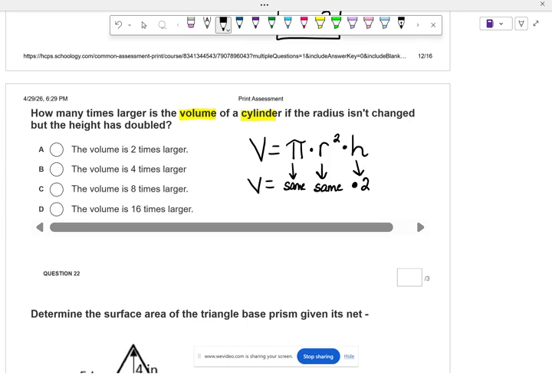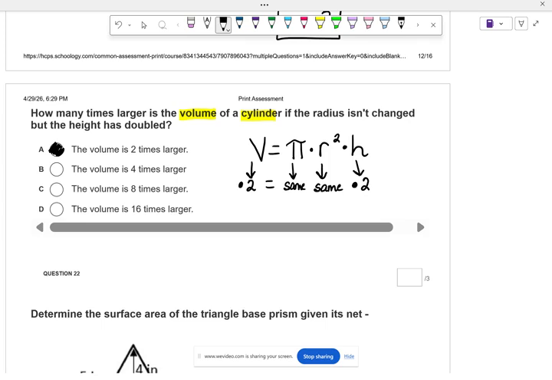All right, so y'all, you just look at this and see what happened to the volume. If the height got multiplied by 2, and to keep the balance, that means the volume also has to get multiplied by 2. So that means the volume also got 2 times larger.